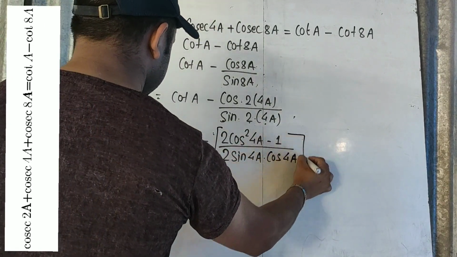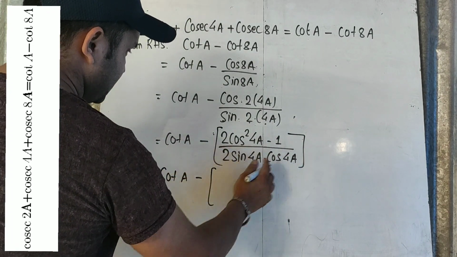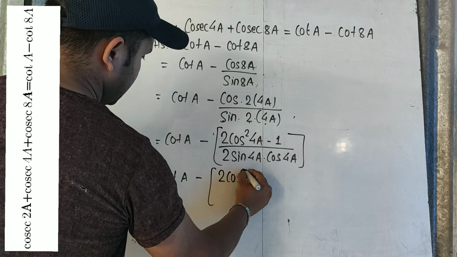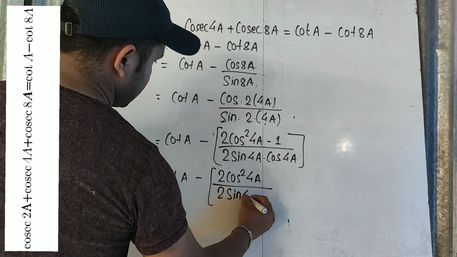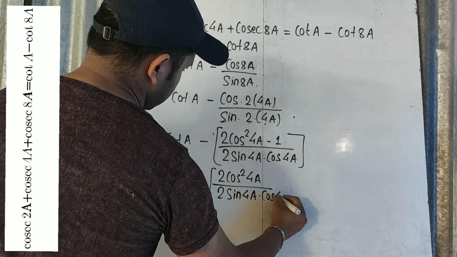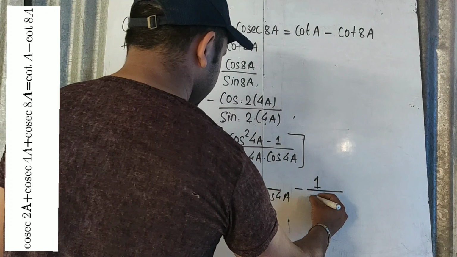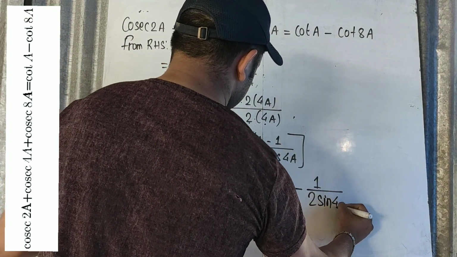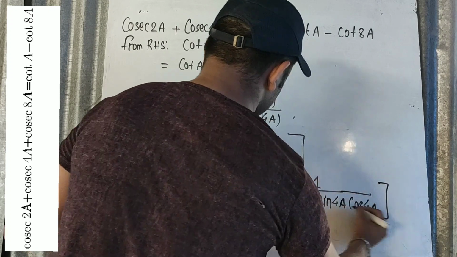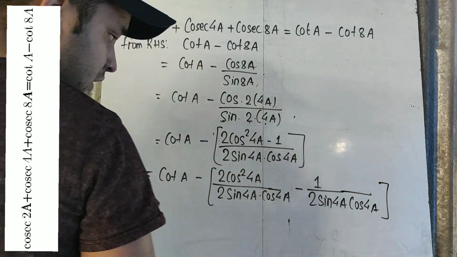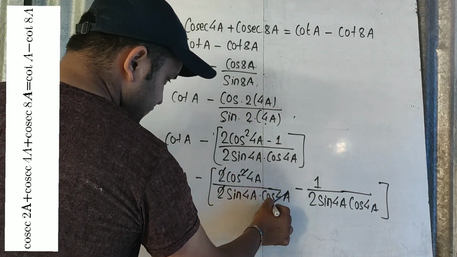Now let us segregate the denominator. 2 cos square 4a by 2 sine 4a cos 4a minus 1 by 2 sine 4a cos 4a. Now 2 and 2 cancel. This cos square 4a and cos 4a also cancel.